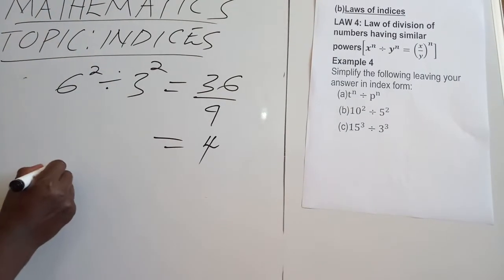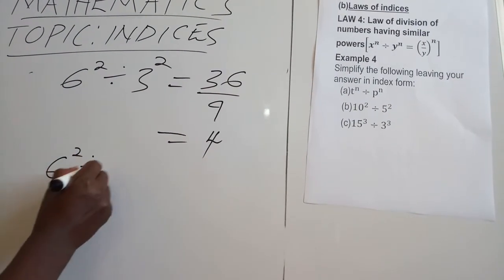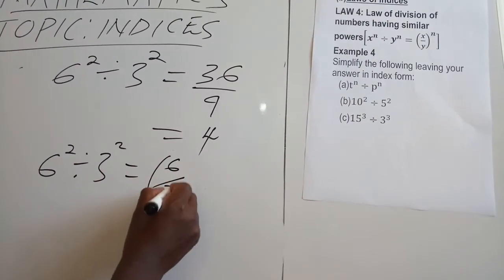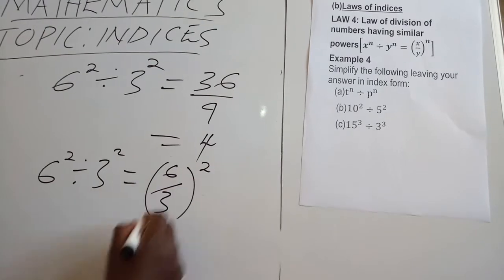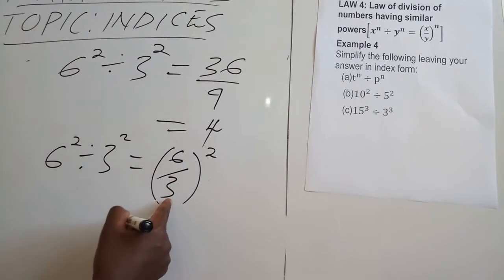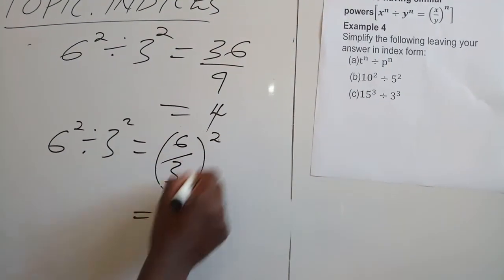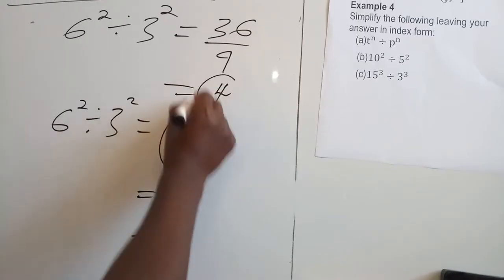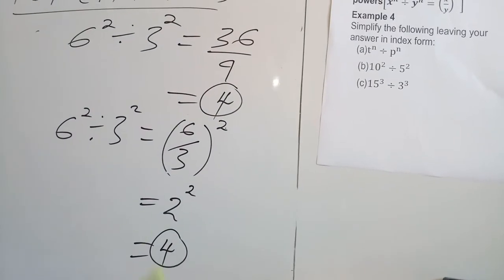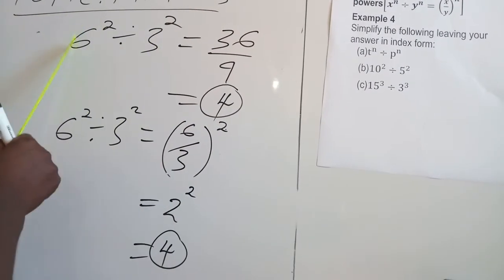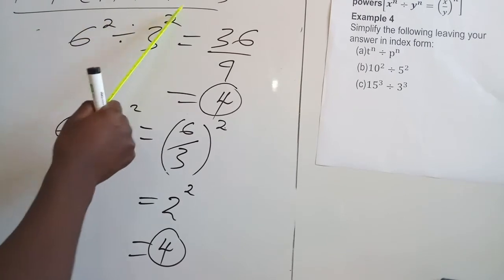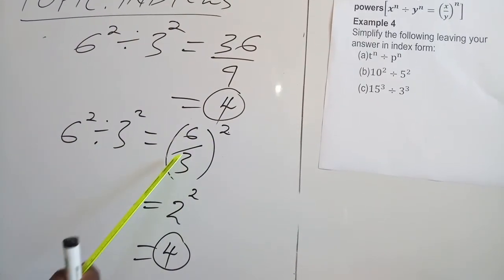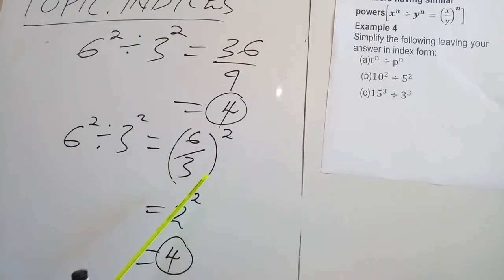Now what about applying this law? 6 power 2 divided by 3 power 2 should give you 6 over 3 raised to that similar power. 6 over 3 will give you 2 raised to power 2. In the end, what do you get? That same outcome. So whenever you divide numbers to a similar power, divide the bases, and let the quotient you get assume that similar power.